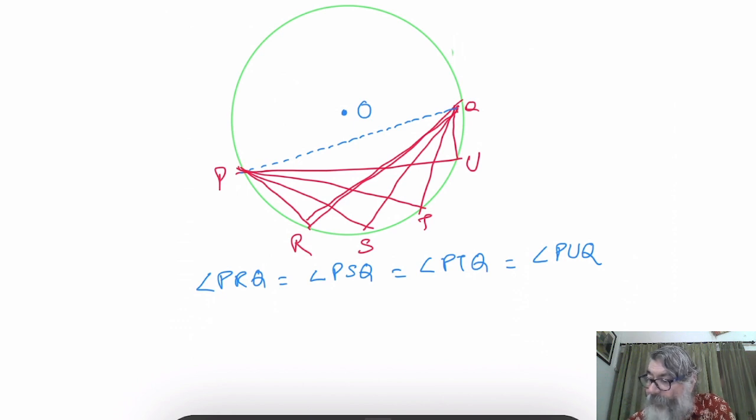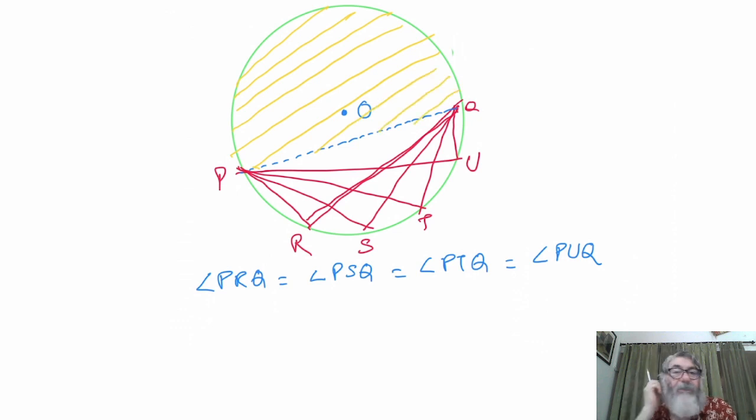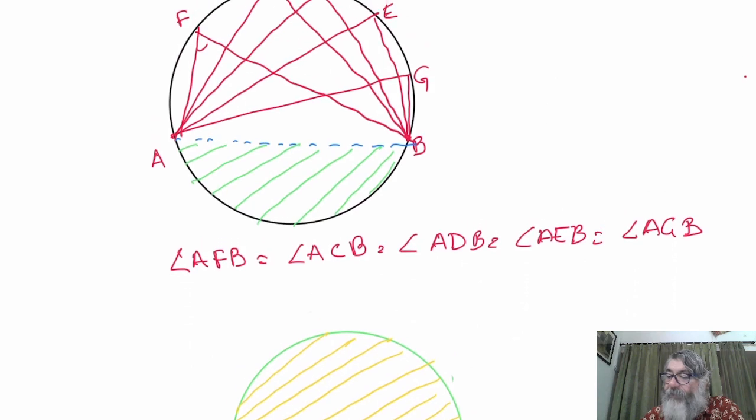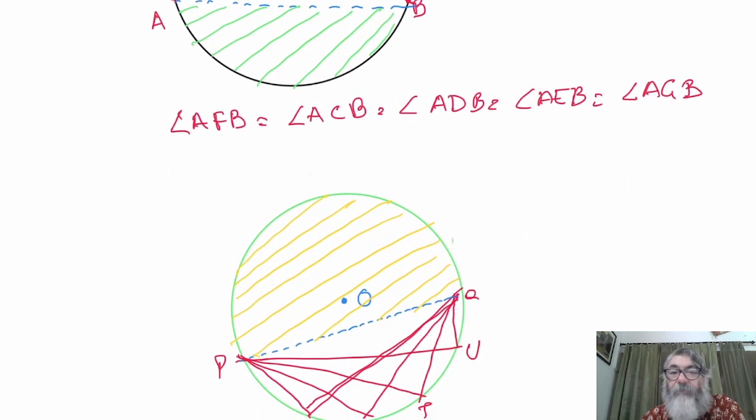For example, the yellow portion is the major segment, and the red triangles are formed in the minor segment. While in the above figure, the green segment was the minor segment and the angles were formed in the major segment. Here the major segment is left, and the angles are formed in the minor segment.